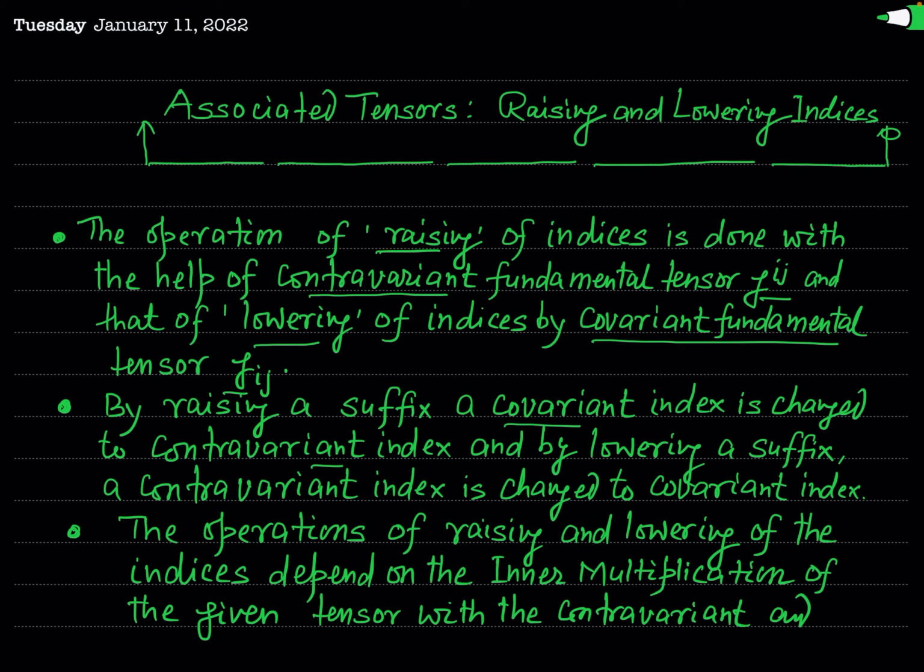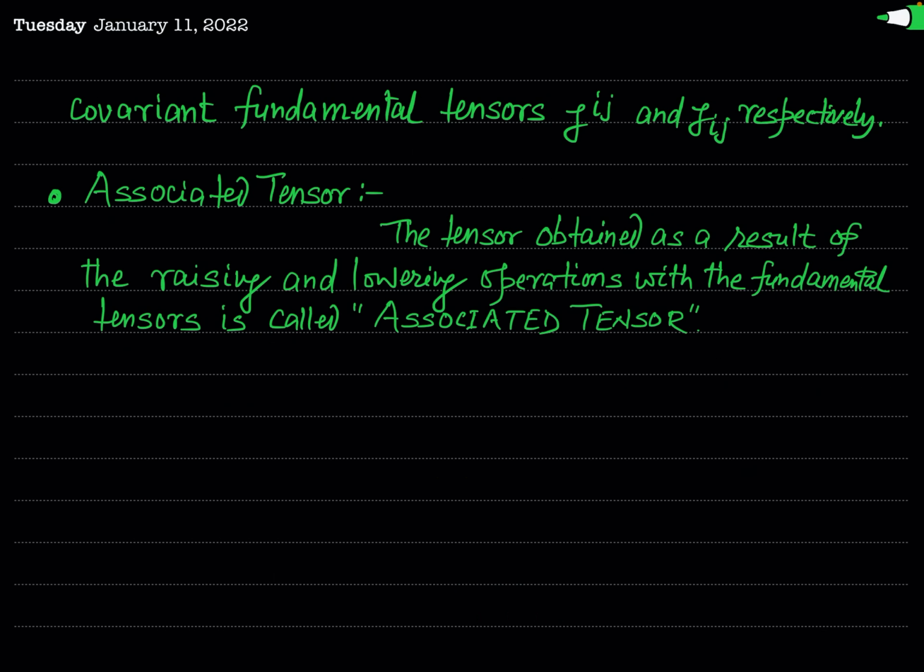So by raising a suffix, a covariant index is changed into a contravariant index, and similarly by lowering a suffix, a contravariant index is changed into a covariant index. As I have told you earlier, these operations are performed by taking the inner multiplication of the fundamental tensors G super Ij and G sub Ij with the given tensor. But how it is done, we will see here.